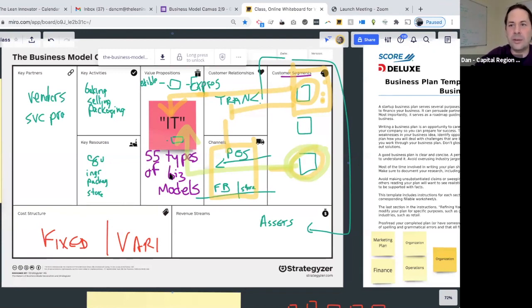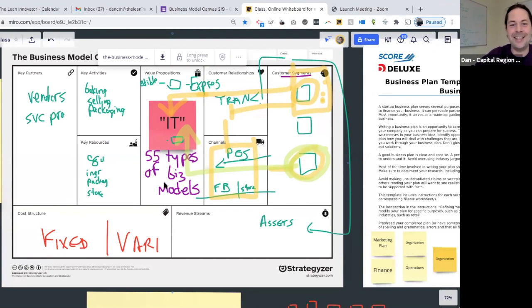I do have this article. I also have some other resources, some videos, that will show you 6 different types of typical models. So there's the classic, there's a multi-sided platform, there's the unbundled business model. We don't have time to go into all of it, but I do have some additional materials. If you'd like to learn those, send me an email, and I'll make sure that you get those.